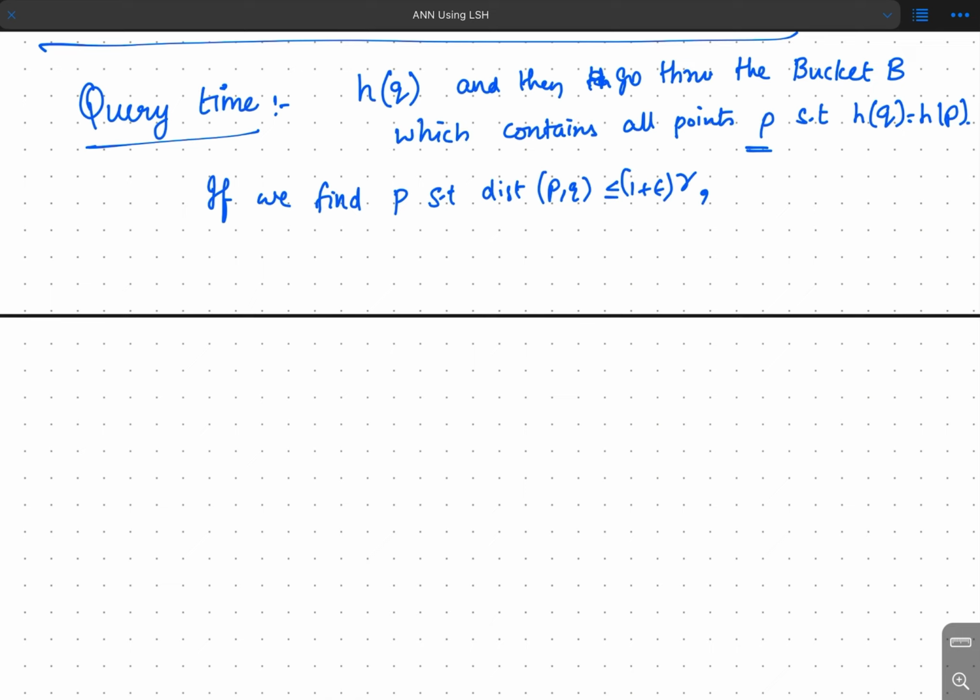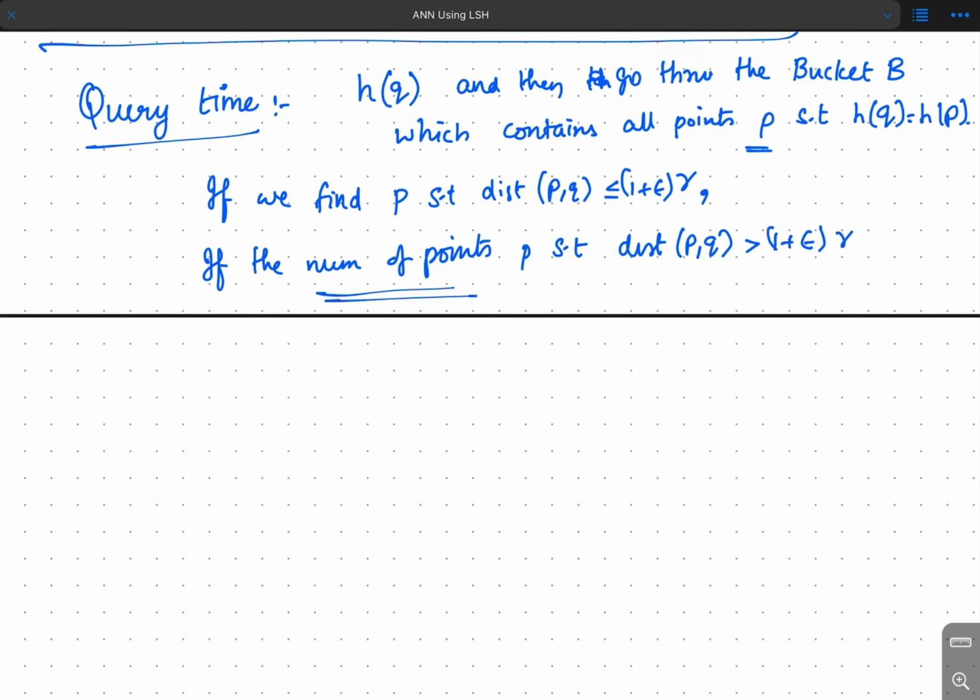The problem comes if the number of points P such that this holds is huge, but we want to upper bound this number. We already calculated the probability that such P and Q collide.